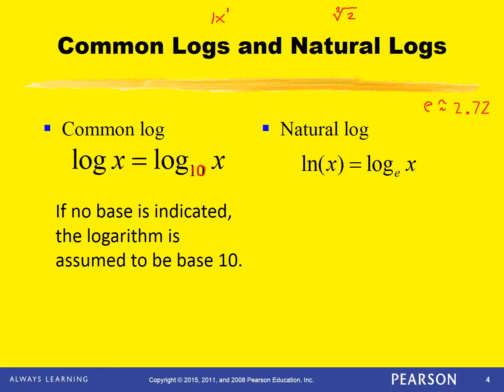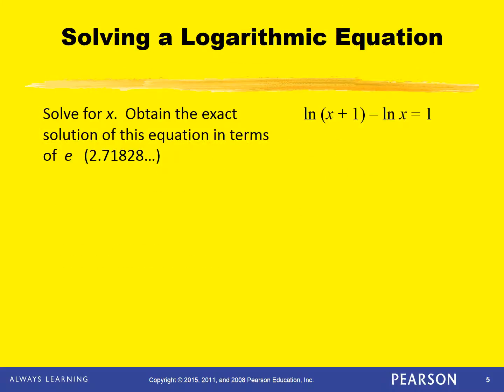And we use that one a lot. Natural logarithm, ln, that's the logarithm with base e. Solve for x. Obtain the exact solution of this equation in terms of e.